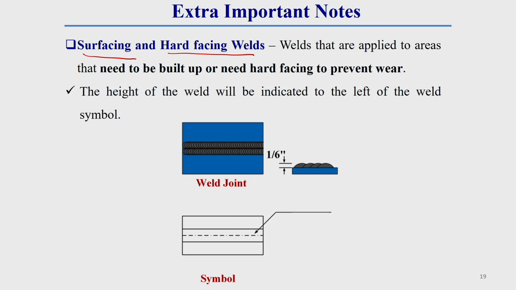Surfacing or hard facing is a process by which, over the surface of a low corrosion resistance material, we provide a layer of corrosion resistance material. That material can be chromium or nickel, which have high corrosion resistance, and we provide it over the surface of low corrosion resistance material like mild steel.